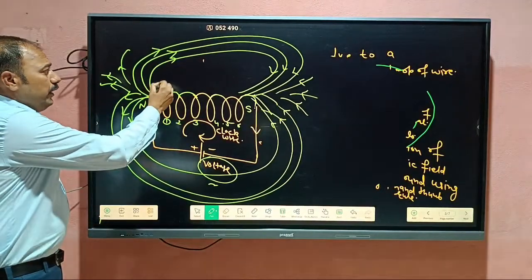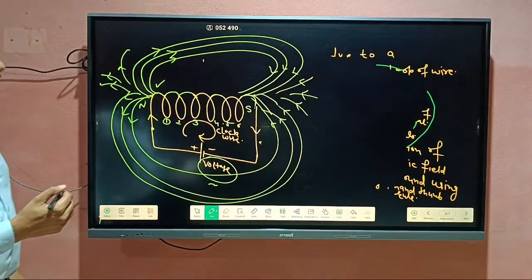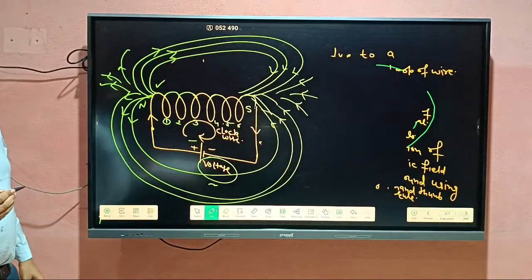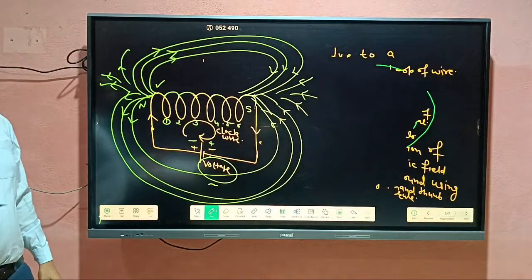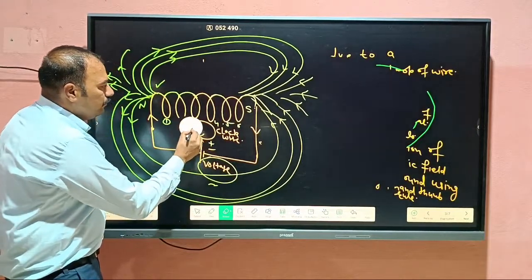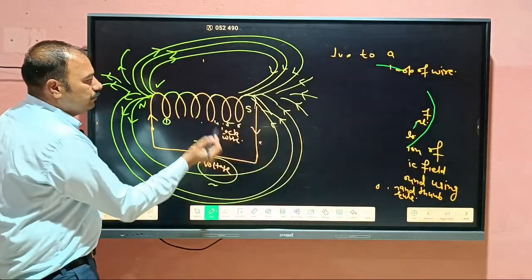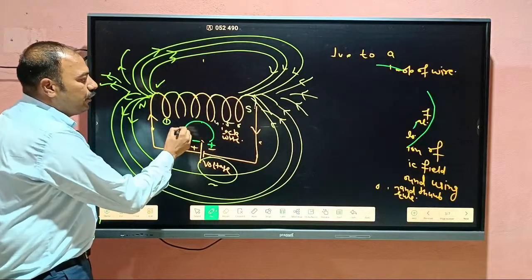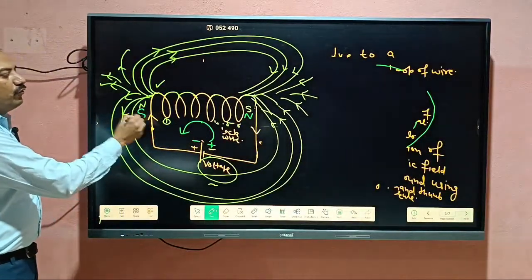So this solenoid can be used to make a magnetic material. For example, if we change the voltage here, changing the polarity so this is negative and this is positive, then the direction of the current is reversed. If the direction of current is reversed, this acts as a north pole and this acts as a south pole.